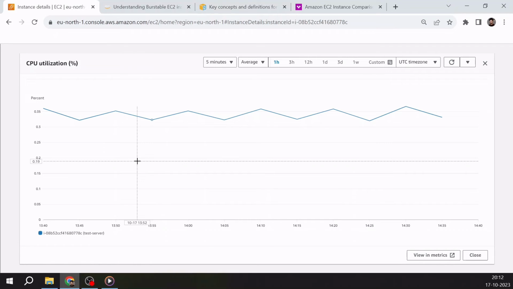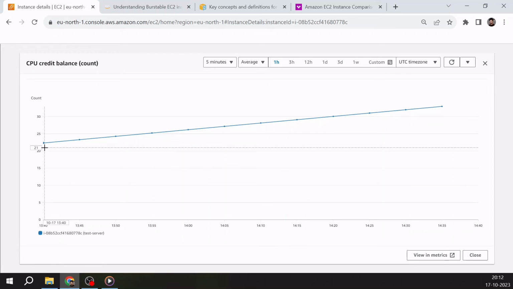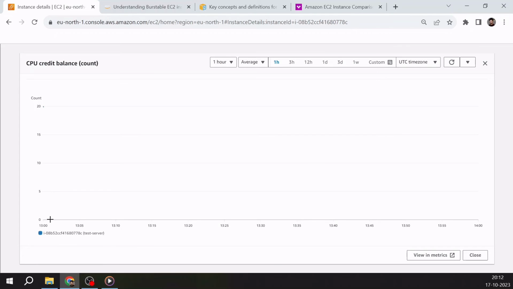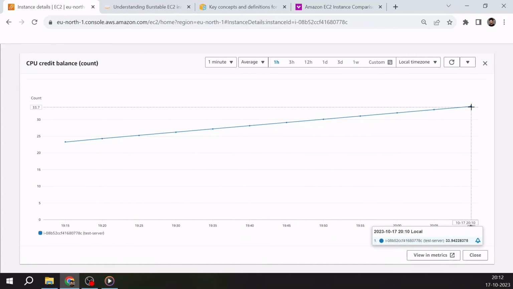So we will put some load and increase the CPU utilization, because we have earned CPU credit balance. Currently I have 33 units, and 12 multiplied by 3 is around 36.